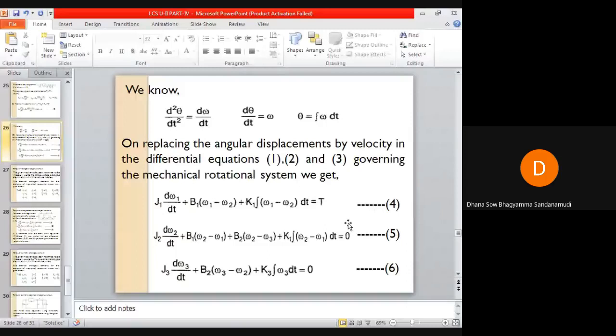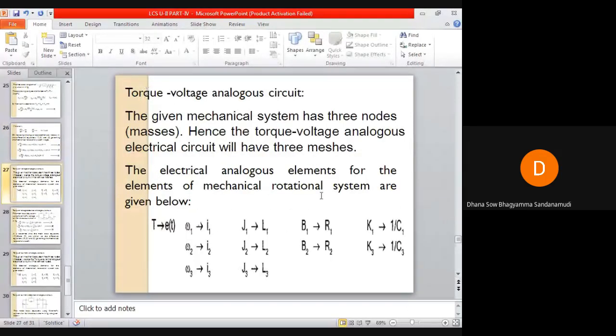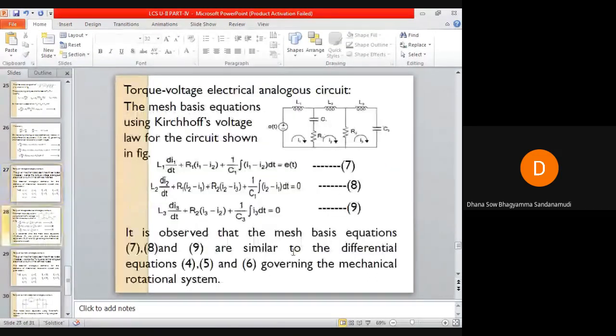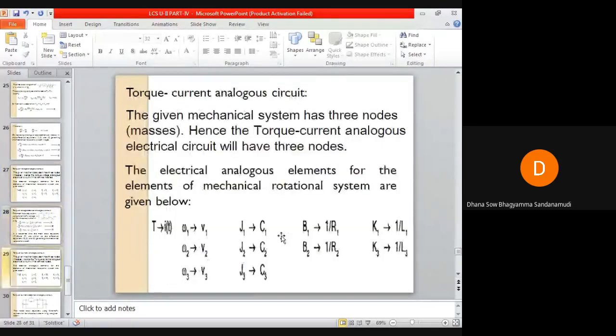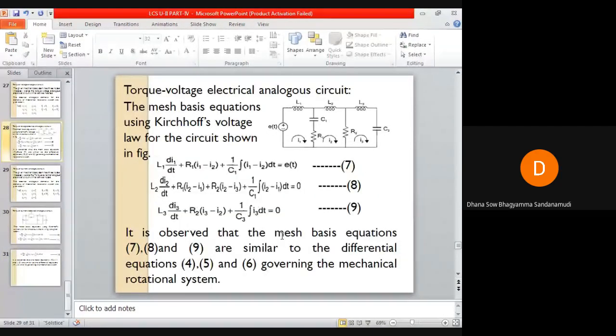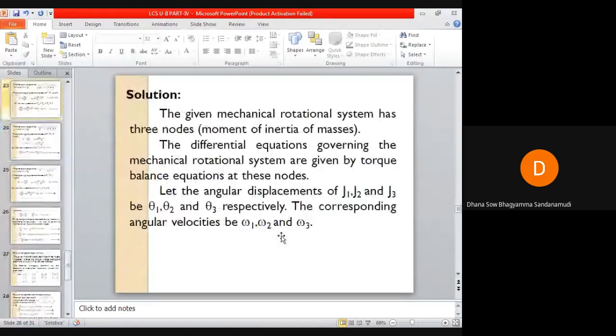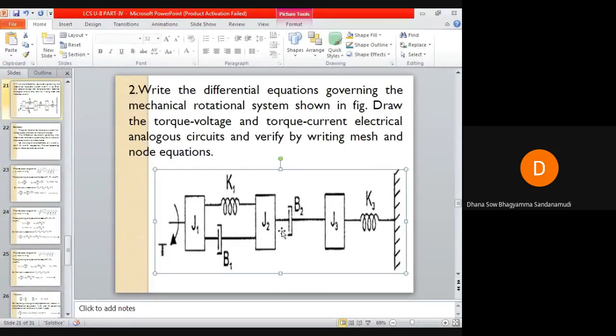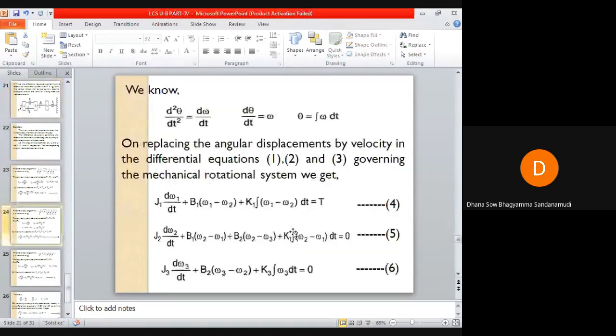So let us go for the torque voltage analogous circuit. These are all the analogous terms. I'm taking the actual mechanical system that is given. I'm going to copy this. Where is my torque voltage analogous circuit?